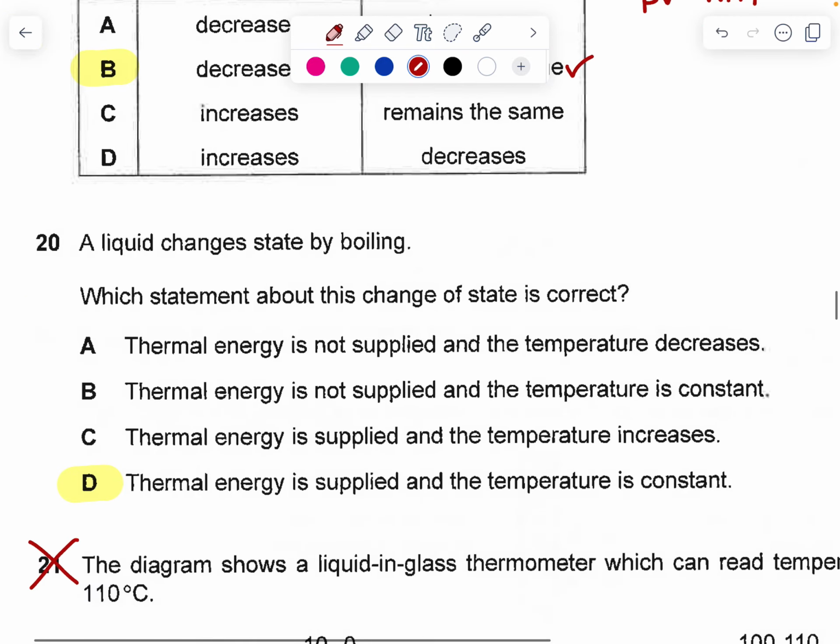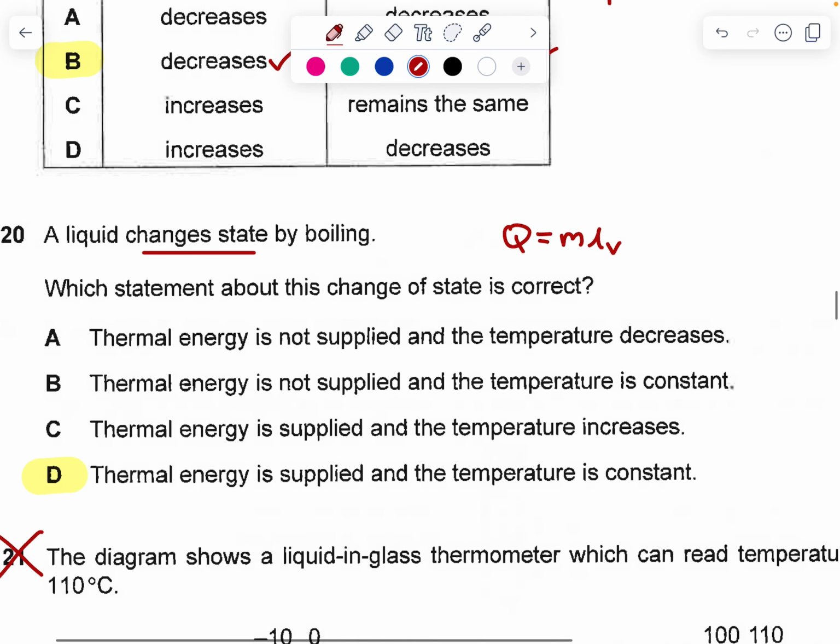Next one, question 20. A liquid changes state by boiling. Which statement is correct? So when it changes state, the formula Q equals to mLv, vaporization. When it's changing state, temperature does not change.